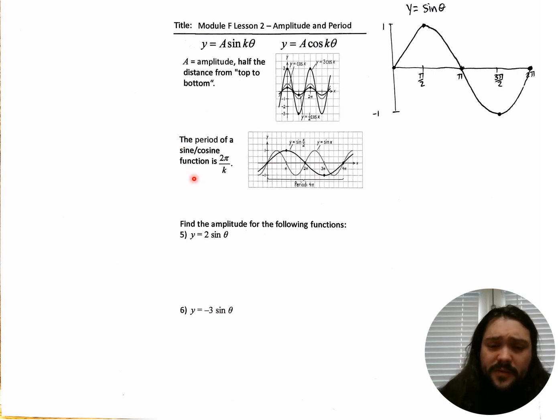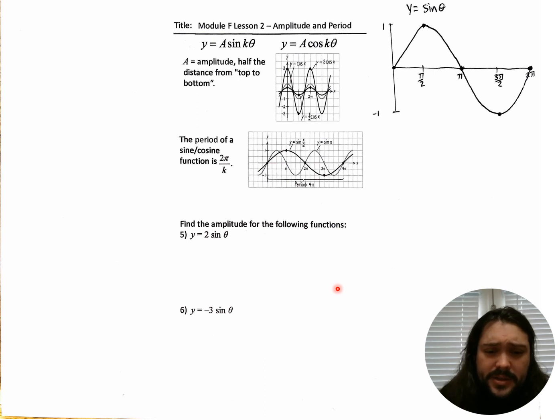The formal definition is that the period of a sine or cosine function is 2 pi divided by k. So 2 pi over k. We'll take 2 pi, which is our normal period, and divide it by that k value. We'll look at those on the next couple problems.